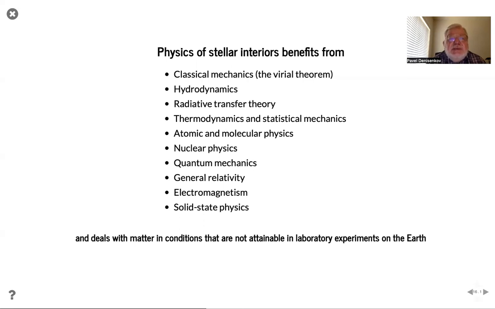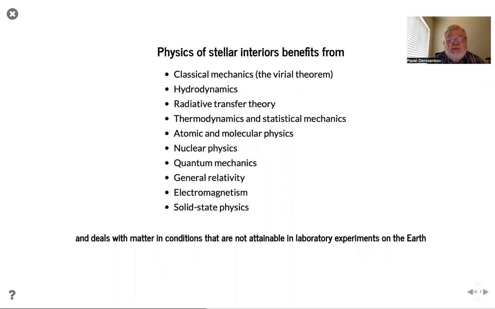For instance, radiation transfer is switched to electron conduction in white dwarfs, and of course thermodynamics is also important for calculating the term that describes the production of gravitational energy. I will show this in a minute. Atomic and molecular physics, obviously.